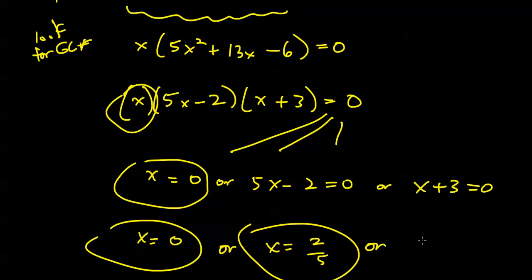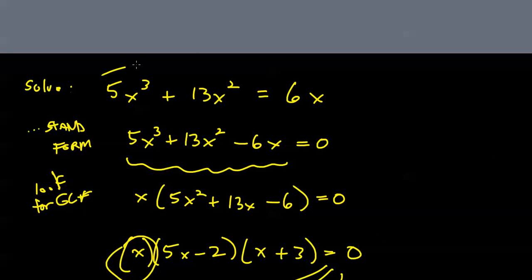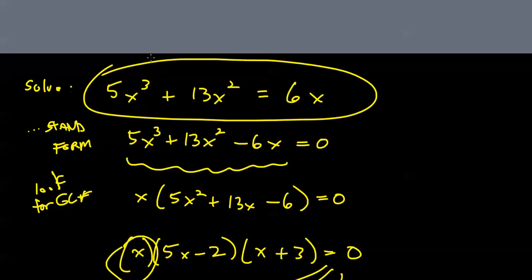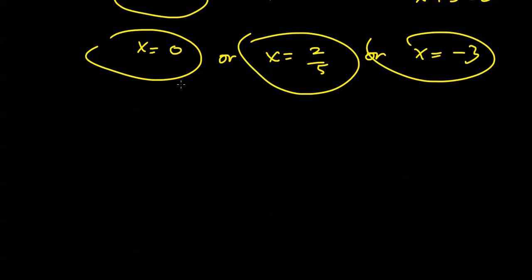Or, of course, from this third branch, x equals minus 3. So notice I started with a degree 3 equation, and by this factoring process, I ended up with 3 solutions for x, and all of them can be checked, but to save time, I won't check them here.